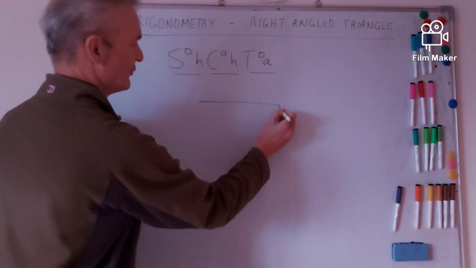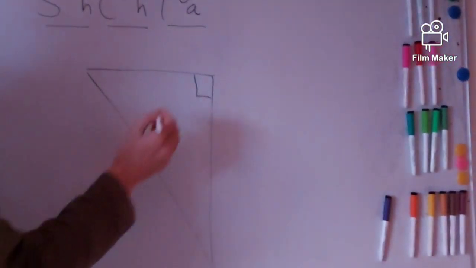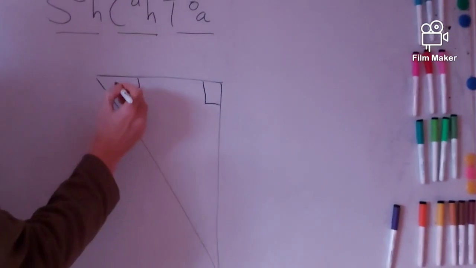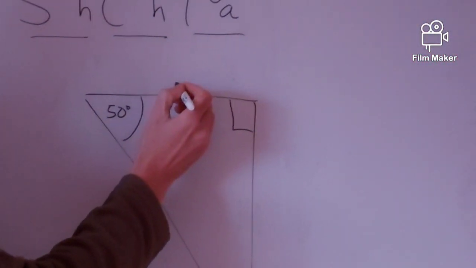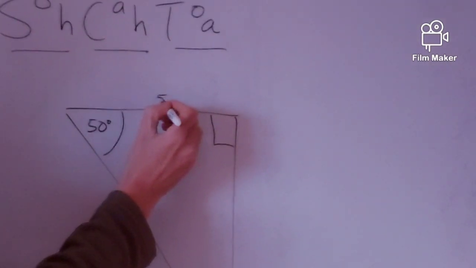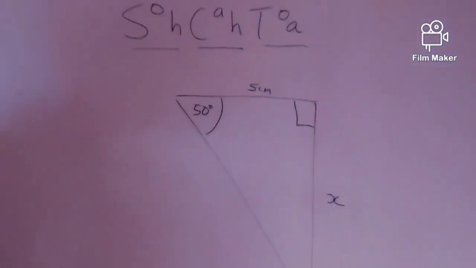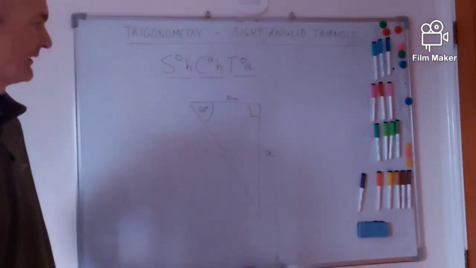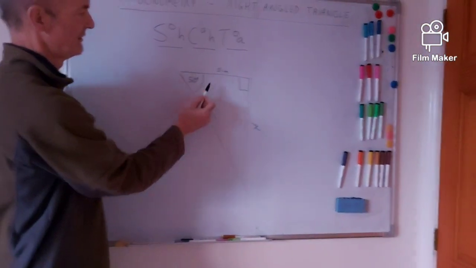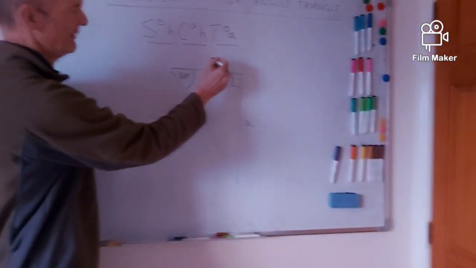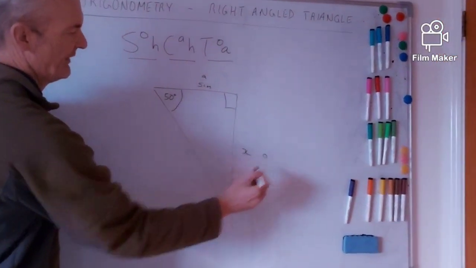Okay, here's our triangle. Given an angle up here of 50 degrees, and we've got a length here of 5 centimetres, and we want to find that length over there, x. So what have we got? Again, we've got an angle, we've got an adjacent, and we've got an opposite.